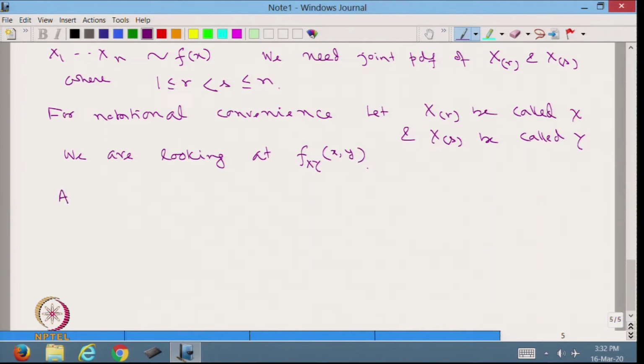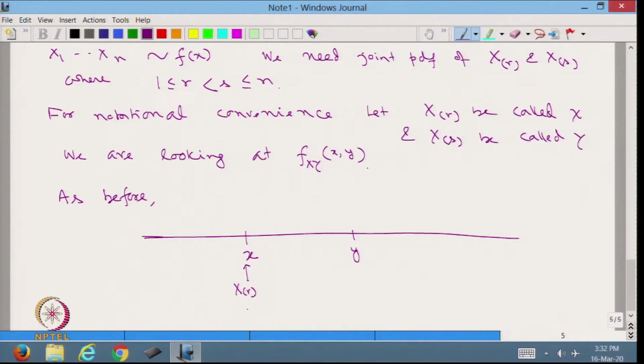So, as before, suppose this is the real line, this is the point x, this is the point y. Therefore, the rth order statistic is going to take this value, which we know will give f(x). The sth order statistic is going to take the value y, and that we get from f(y).